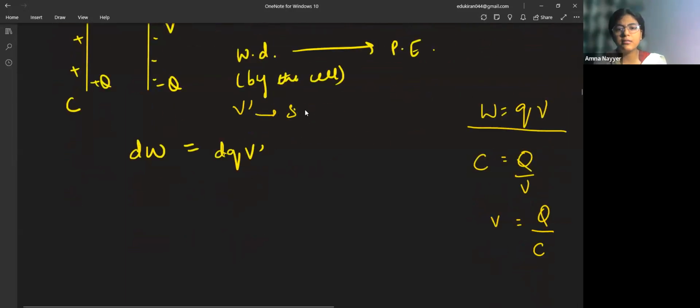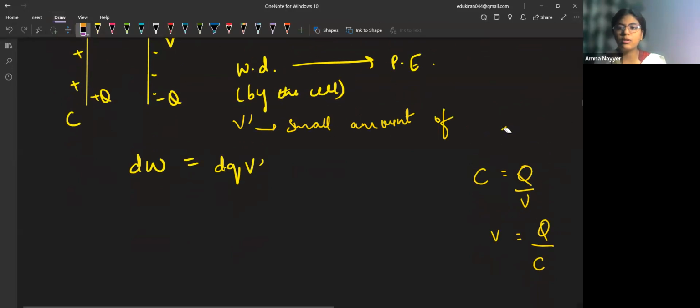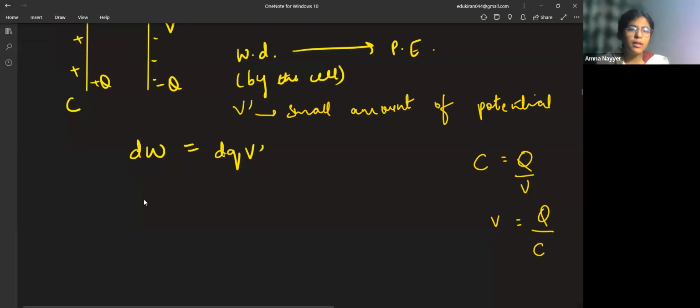V prime is a small amount of potential. So if it's a very small amount of potential, put it in this, what will happen?